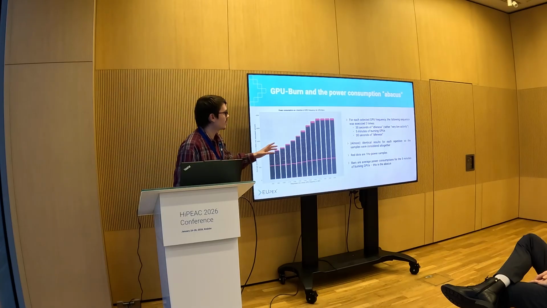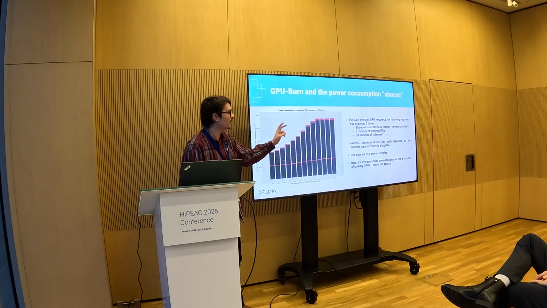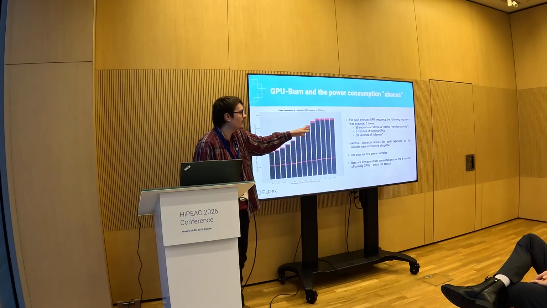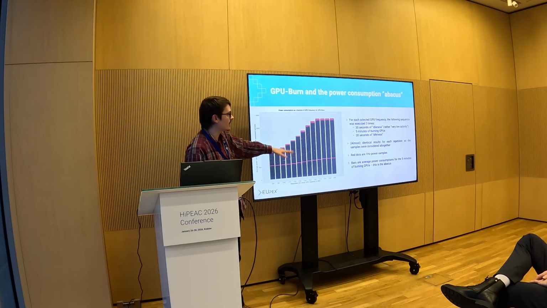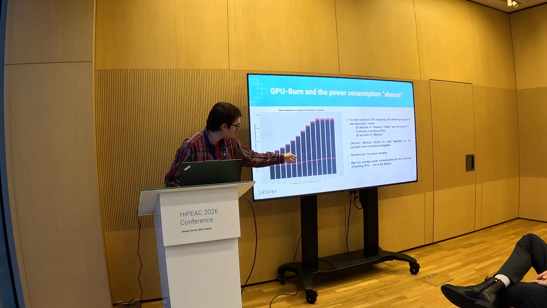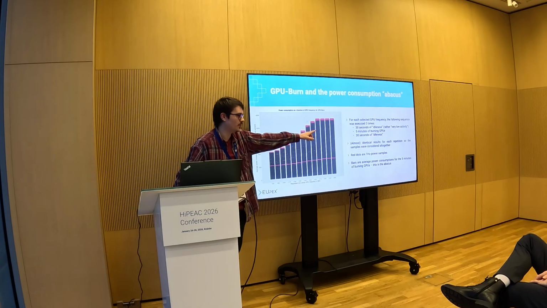Basically, the same sequence was executed 3 times: 30 seconds of what I call idleness, which is in fact very low activity, then 5 minutes of executing GPU burn, and after that 30 more seconds of idleness. All the gray bars are the average power consumption when we are executing GPU burn.